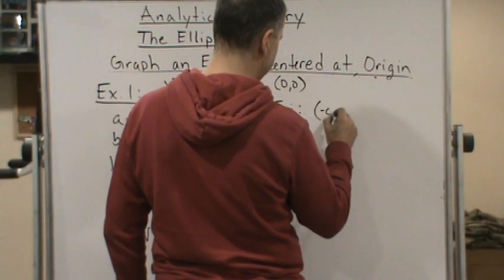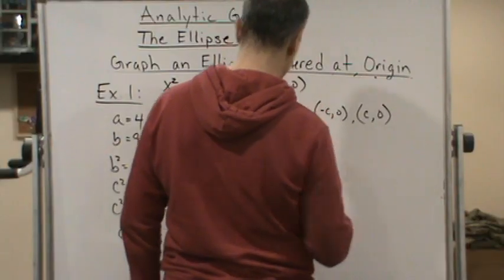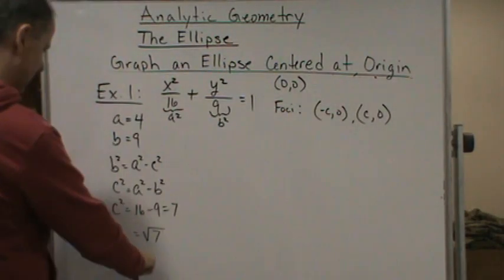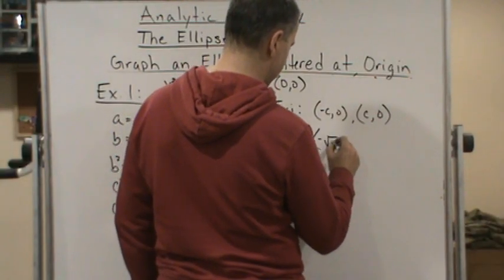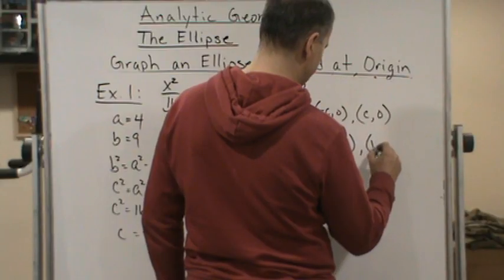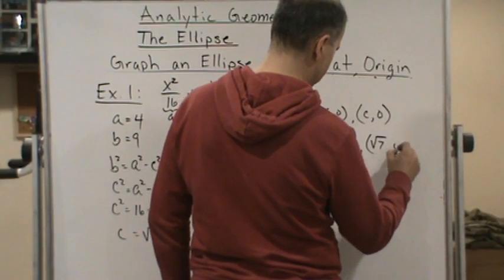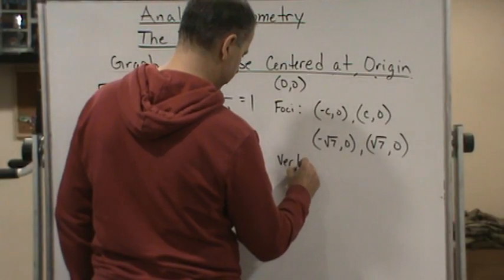It's going to be at negative c comma 0 and positive c comma 0, which means what's c? c is square root of 7. So that means it's going to be negative square root of 7 comma 0 and positive square root of 7 comma 0.